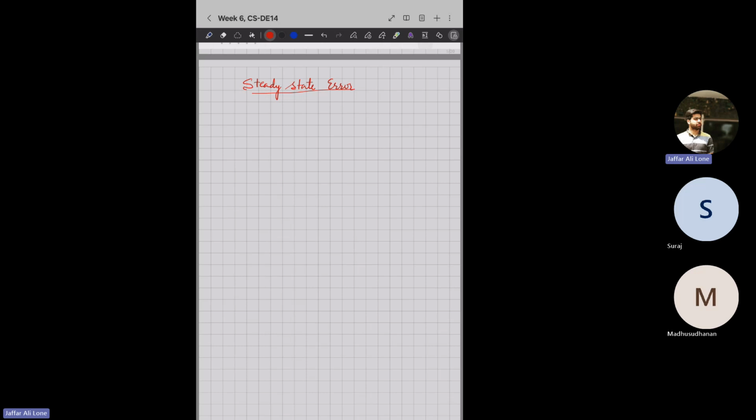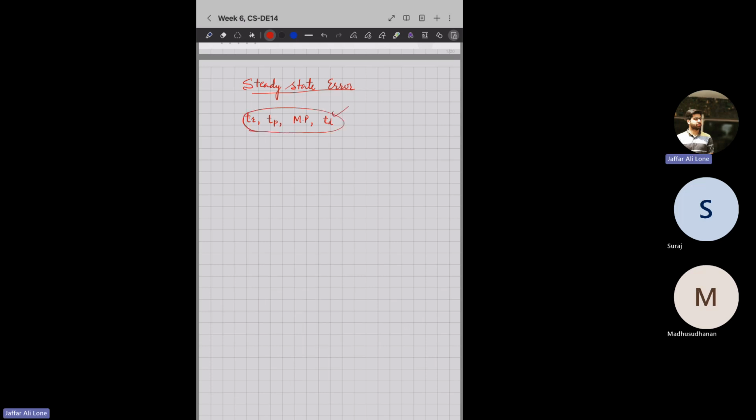A week before that, we discussed time response analysis, where we discussed rise time, peak time, overshoot, delay time, etc. So we studied the response of a second order system and these properties.